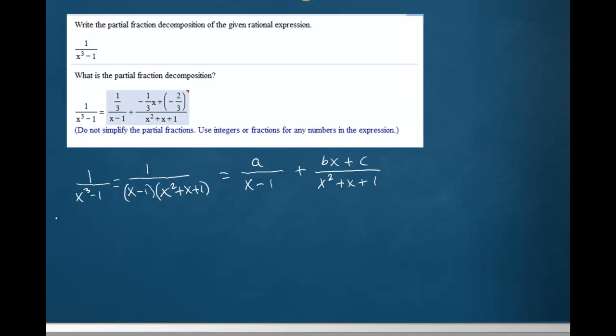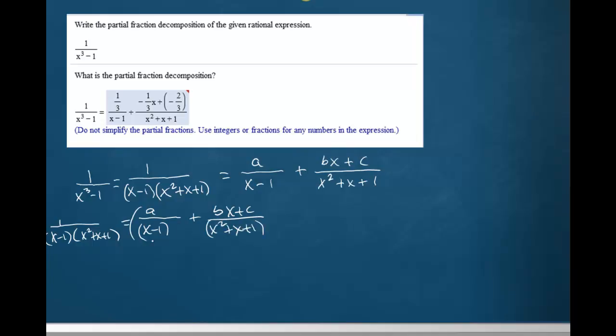So what we have here then is a situation where we'll need to multiply both sides by the lowest common denominator in order to get rid of the fractions and then be able to solve for a, b, and c. So we have 1 over x minus 1 times x squared plus x plus 1 equal to a over x minus 1 plus bx plus c over x squared plus x plus 1.